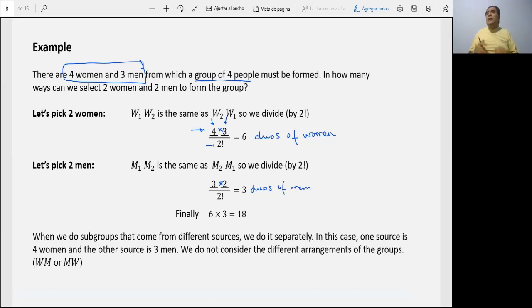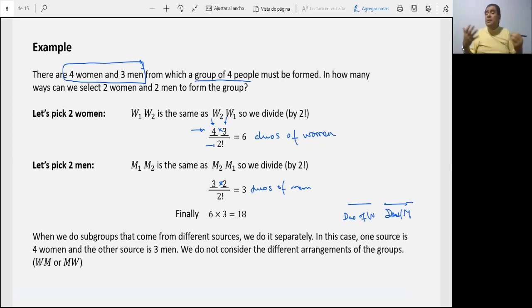So now you use, again, the multiplication principle. You want to combine a duo of women, right? And a duo of men. You want to combine 1 duo of women and 1 duo of men in order to assemble 4 people.